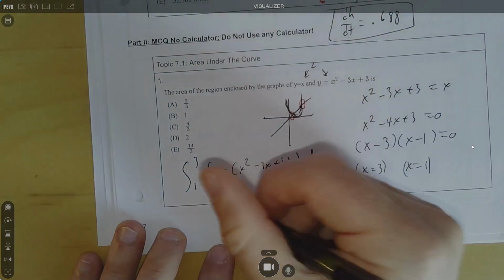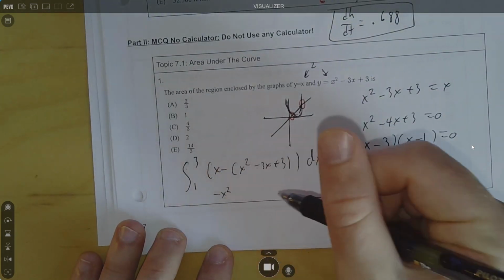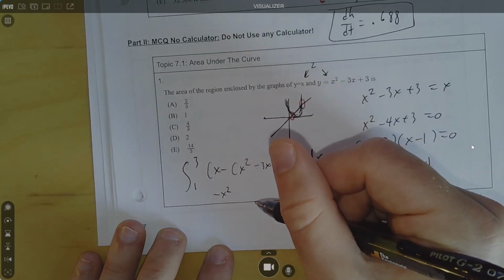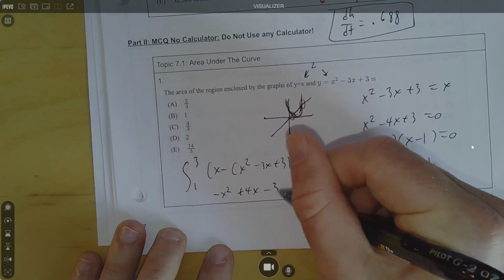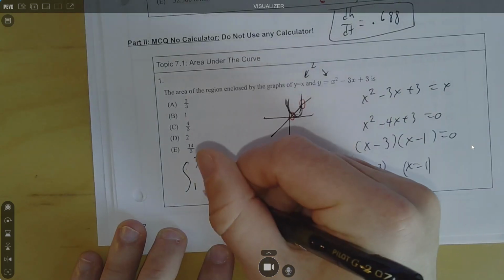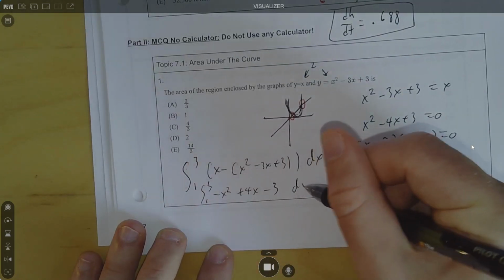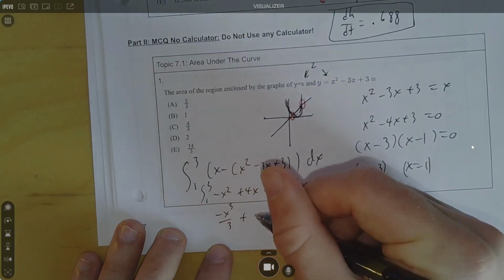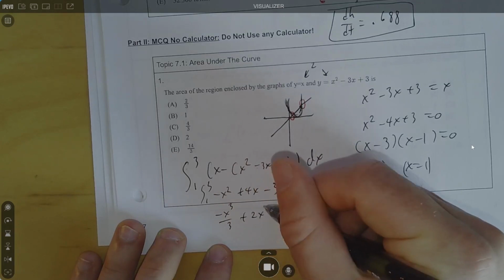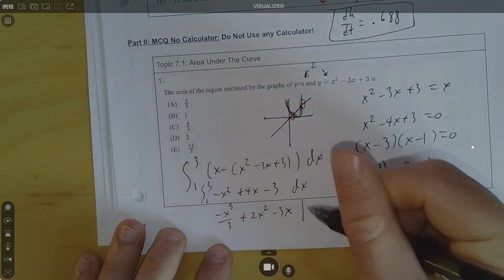Simplify, we're going to get negative x squared plus 4x minus 3, from 1 to 3, dx. Anti-differentiate: negative x to the third over 3 plus 2x squared minus 3x from 1 to 3.